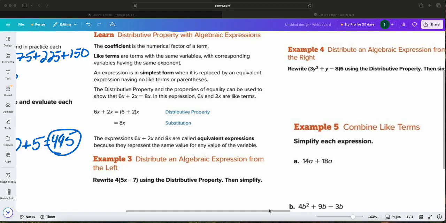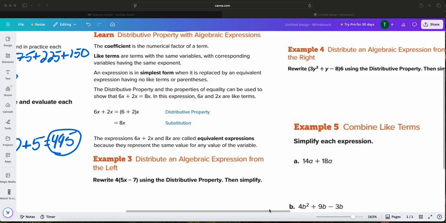Since they both had an x, we are able to pull that x out from each of them. If I add 6 and 2, that gets us 8, so that would be 8x. The expressions 6x plus 2x and 8x are called equivalent expressions because they represent the same value for any value of the variable.